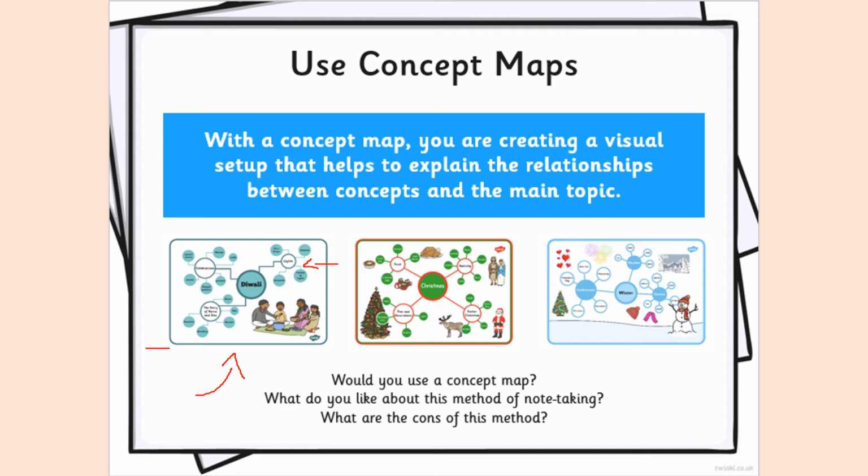And then there are other sub-branches to do with the festival of Diwali. So concept maps are very good for note-taking because they can help you visualize your thoughts and help you retain the information and knowledge. So when you're note-taking, this is one method you can use, and you can draw pictures as well to go with it, just like a mind map.